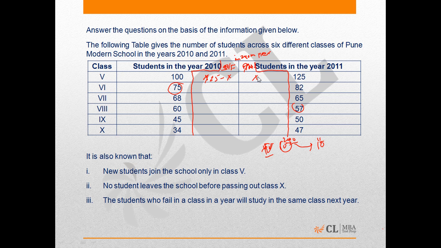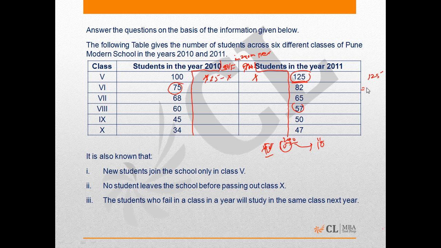So let's suppose the total number of new joinee, or the number of students who join the school for class 5th in 2011, is X, and we know that the total number of students in class 5th in 2011 is 125.